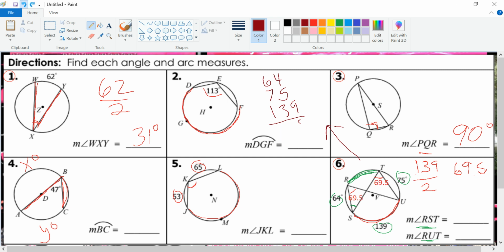So then I'm going to take my 278 and subtract it from the full 360. That's 82 degrees. This is 82 degrees on the outside for the arc. Then we know, lastly, RST and RUT are inscribed angles that create this 82 degree arc. So then you just divide 82 by 2, and each of these is equal to 41 degrees.